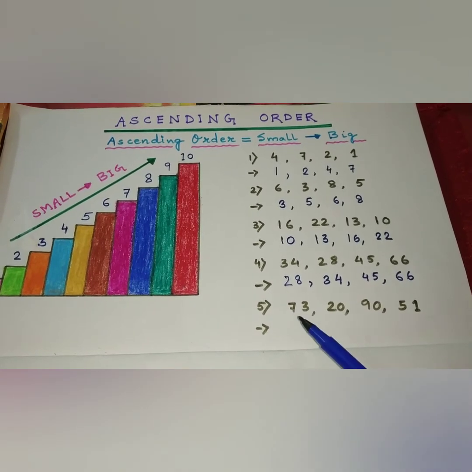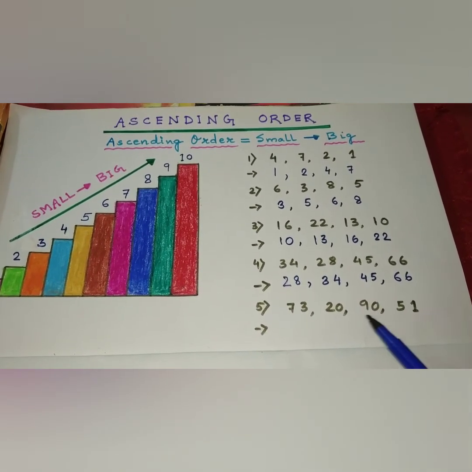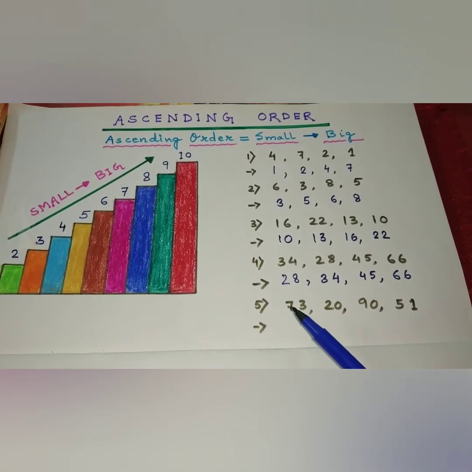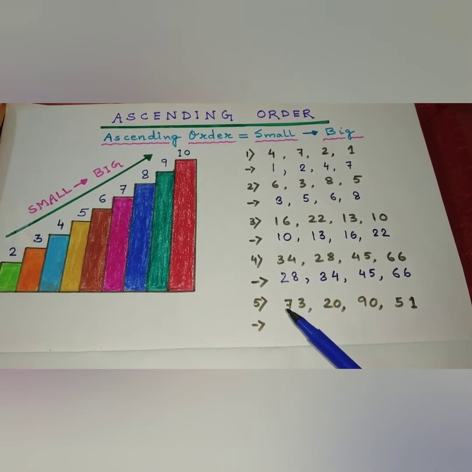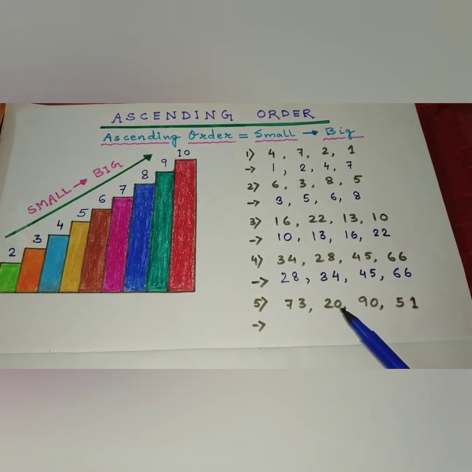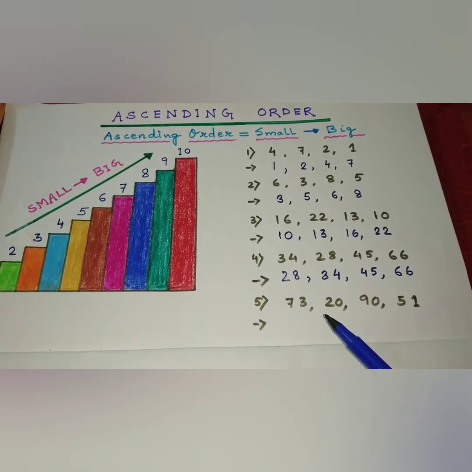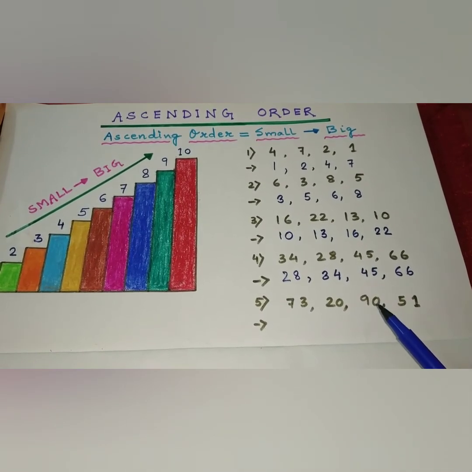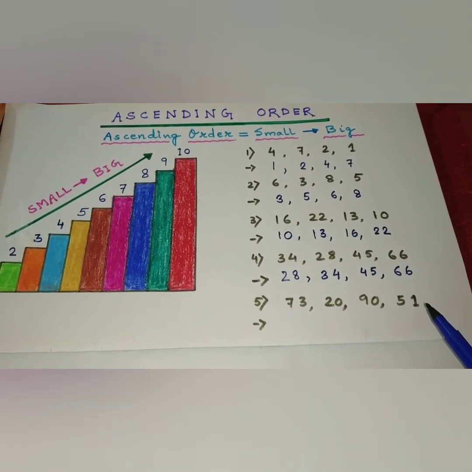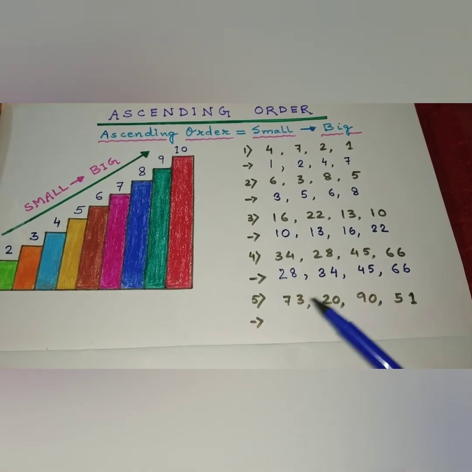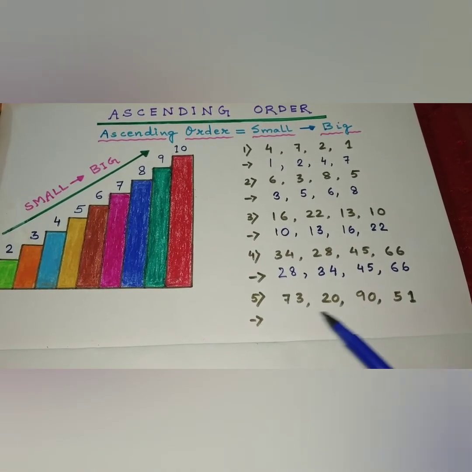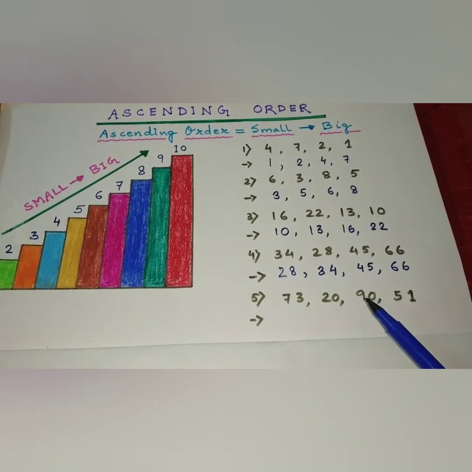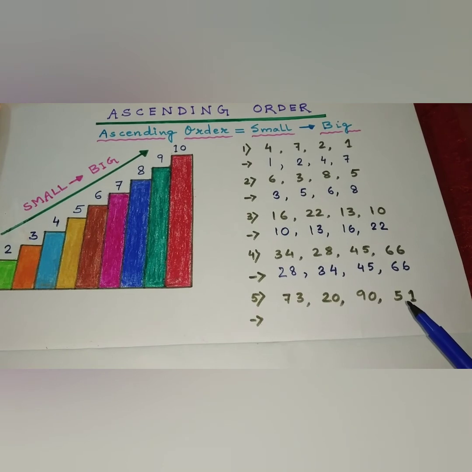Firstly, let us see the first digit of these 4 numbers. 73, first digit 7. 20, first digit 2. 90, first digit 9. And 51, first digit 5. So first of all, let us take the first digit of each number. 7, 2, 9 and 5.